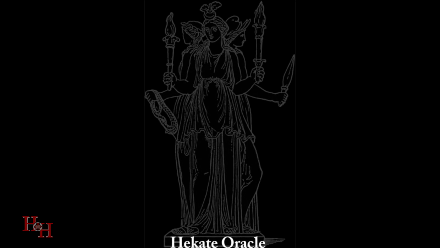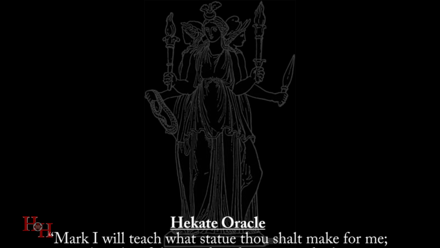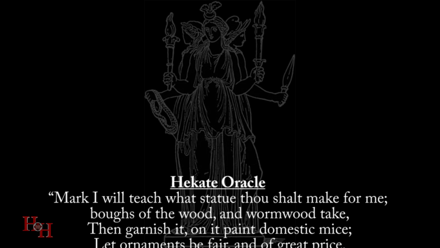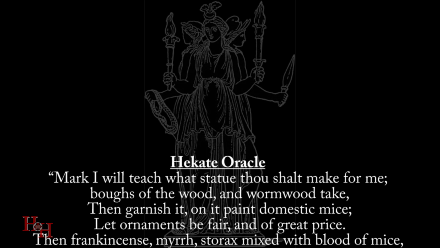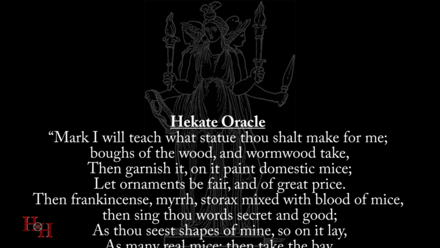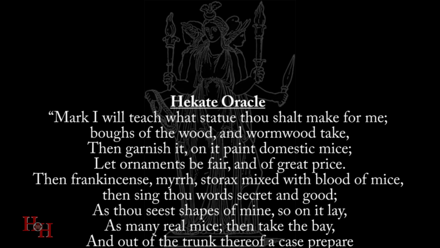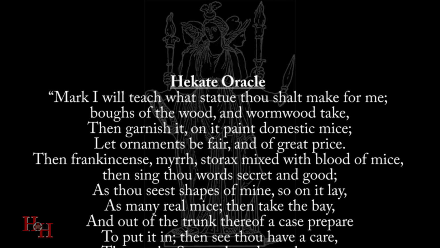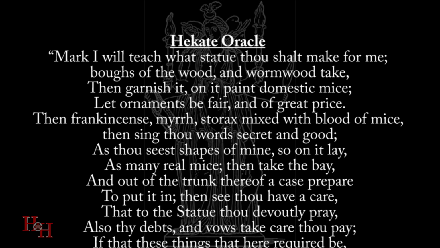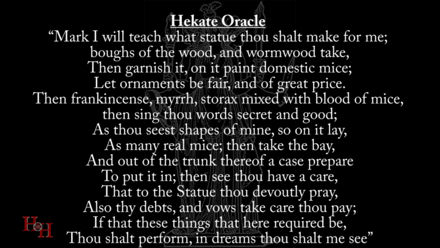I would also like to share a oracle, Hecate's oracle, with you. Mark, I will teach what statue thou shalt make for me. Boughs of the wood and wormwood take, then garnish it, on it paint domestic mice. Let ornaments be fair and of great price, then frankincense, myrrh, storax, mixed with blood of mice. Then sing thou words secret and good, as thou seest shapes of mine, so on it lay.